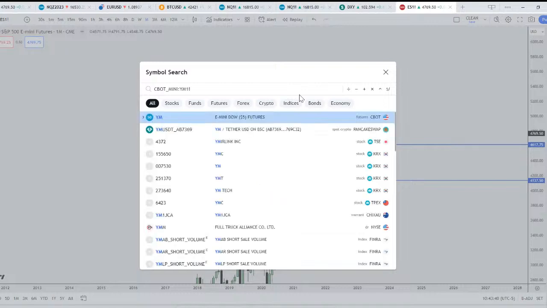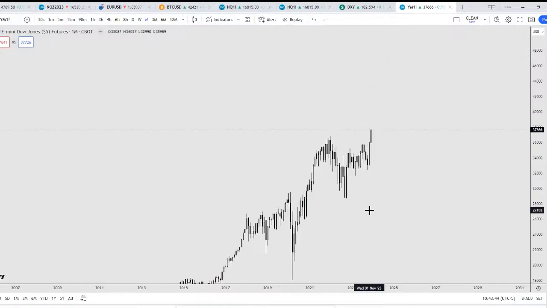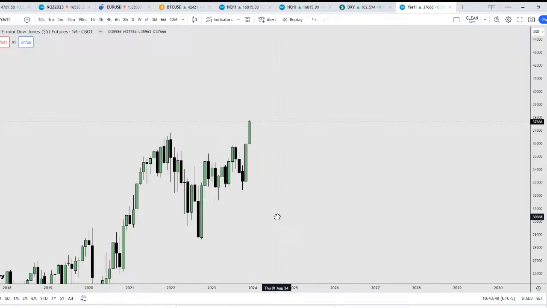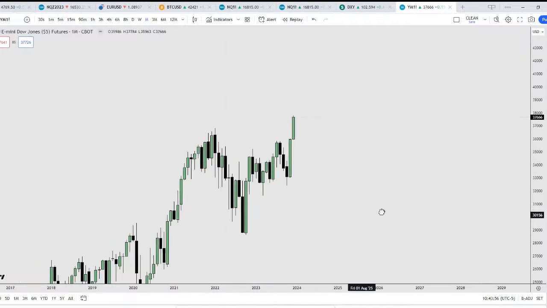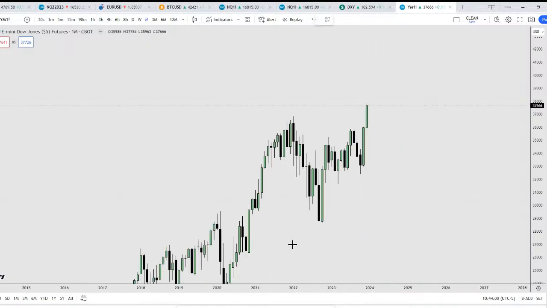Is there anything that I missed? YM here. Kind of choppy. I don't really see anything, but let me just pull up the fibs.